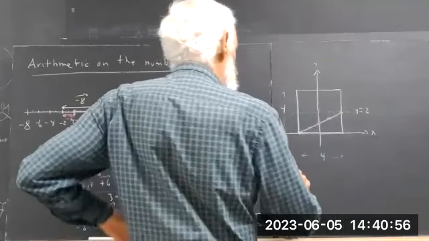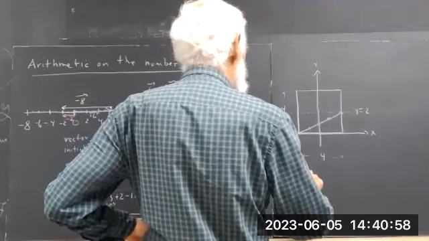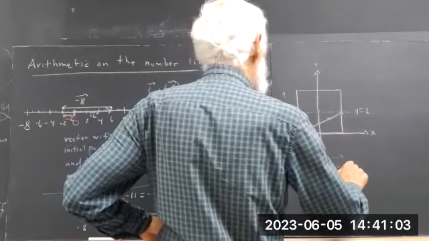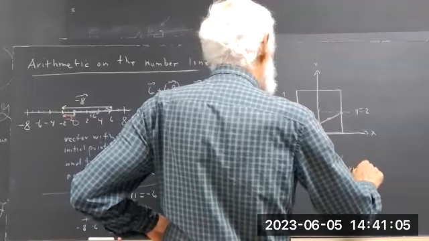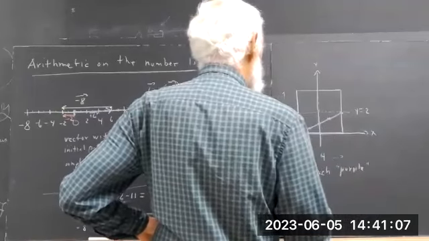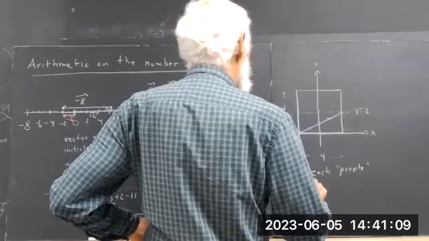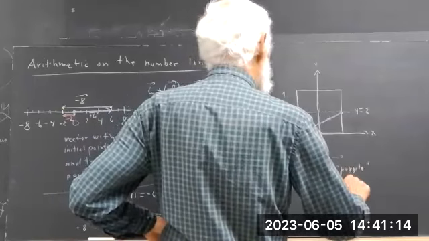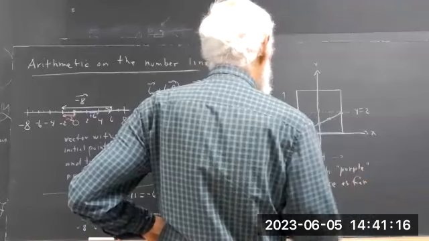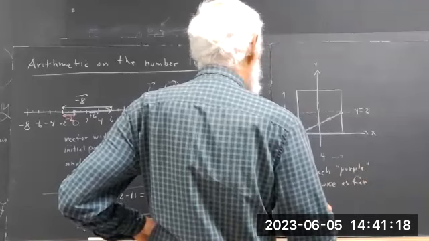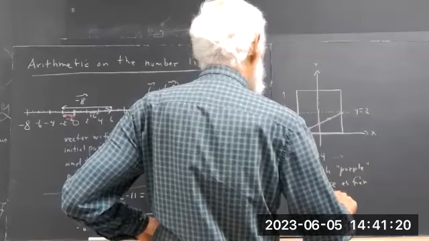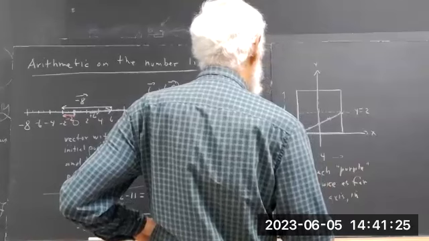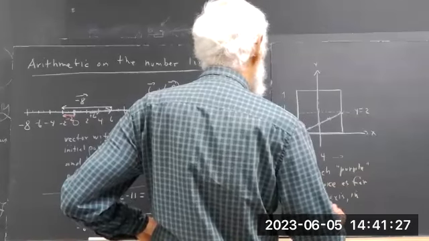Okay, I want to move every point of each purple point twice as far from the x-axis in the vertical direction.